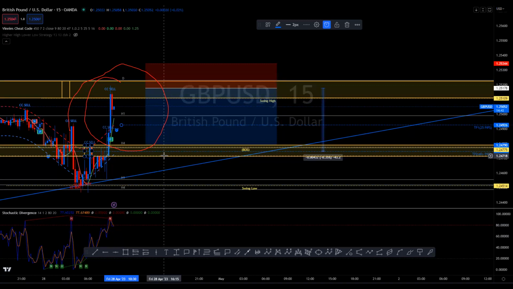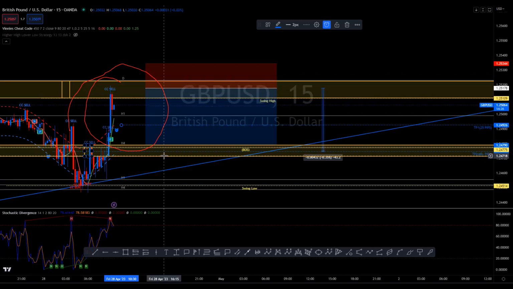It'll be retesting. Let's see. We're going to watch this candle and see what it does.